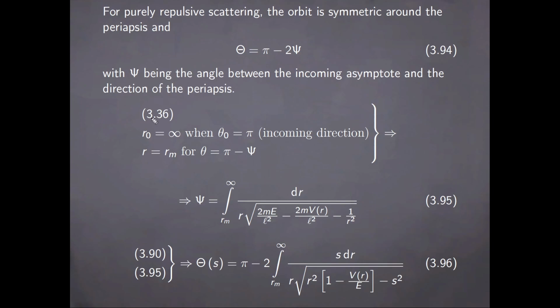Then, if we go back to equation 336, and we use the following two conditions, namely that we choose the radius of the incoming particle to be infinite when theta 0 equals pi, so we define this as the incoming direction of the beam, and we also want the periapsis to be located at the polar angle theta equals pi minus psi.